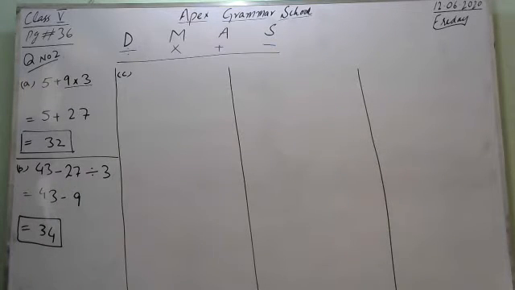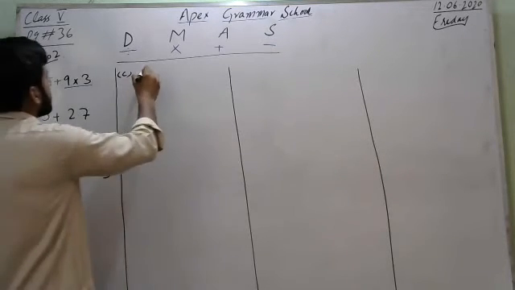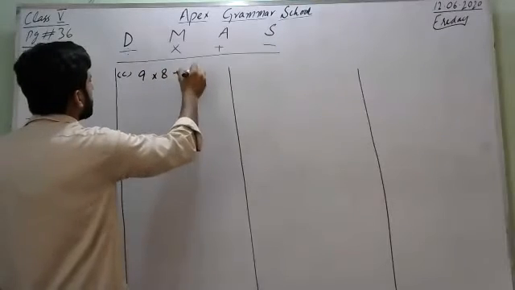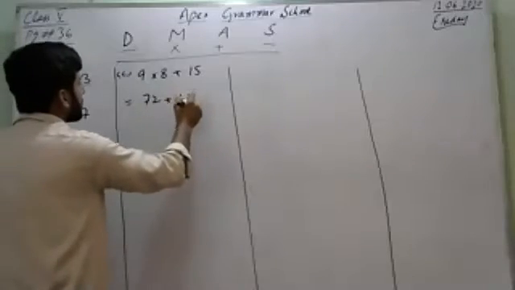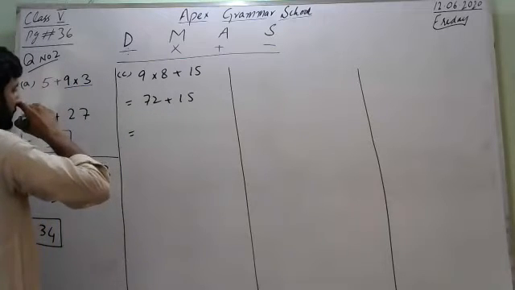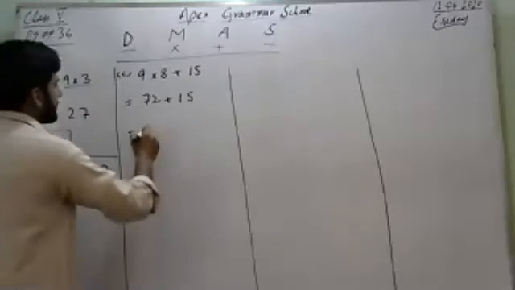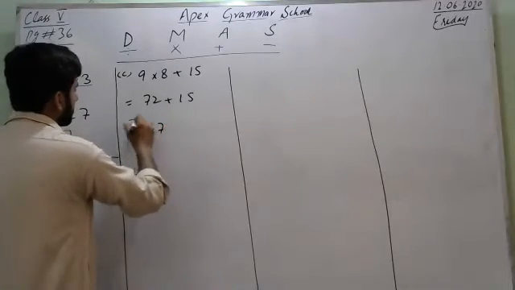C part of this question is 9 into 8 plus 15. 9 times 8 is 72, plus 15. 72 plus 15 is 87.